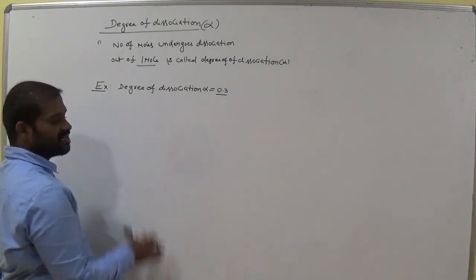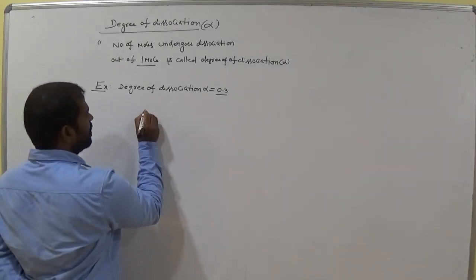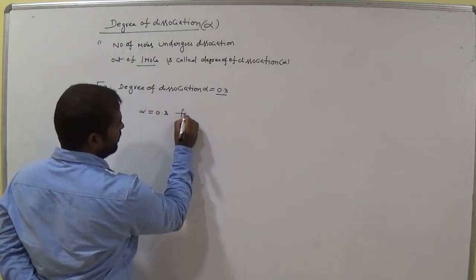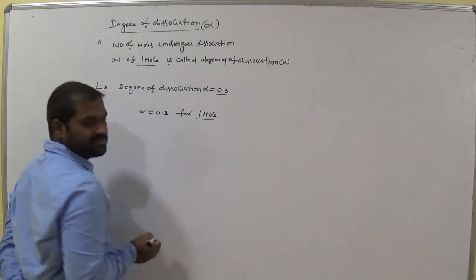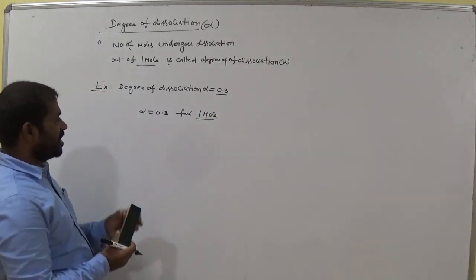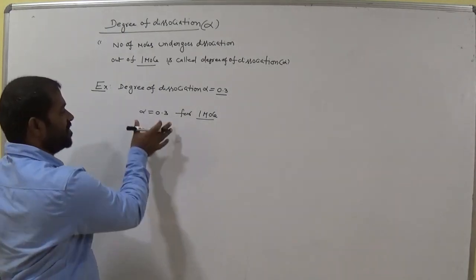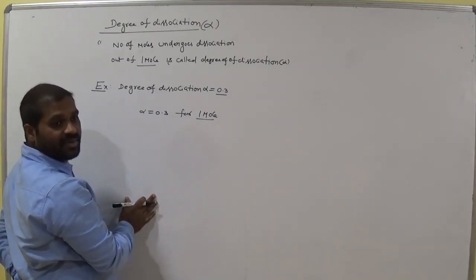So that means alpha is equal to 0.3 for 1 mole. Degree of dissociation alpha equals 0.3 for 1 mole. That means degree of dissociation for 1 mole is how much? 0.3. Am I right?